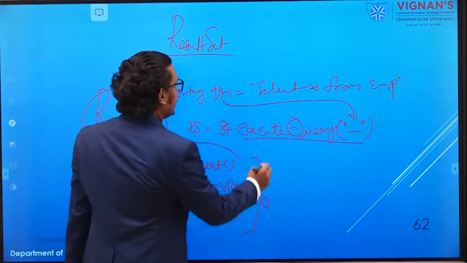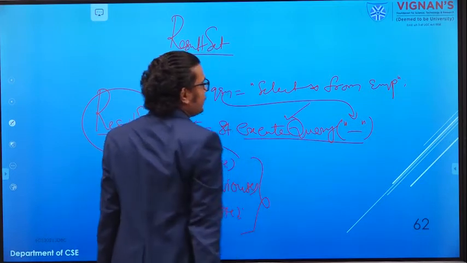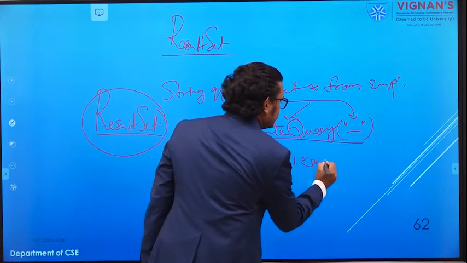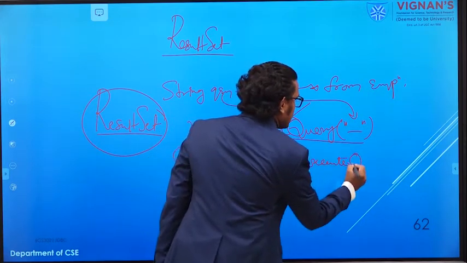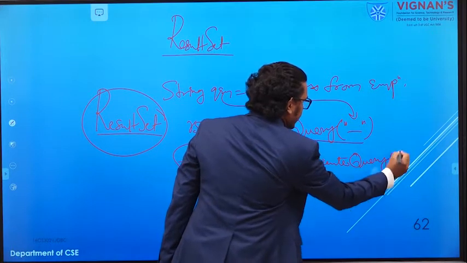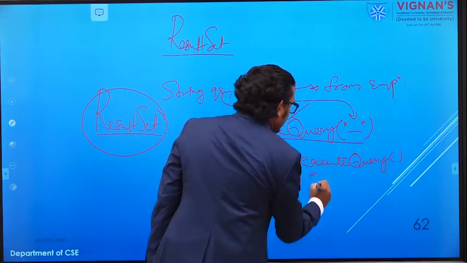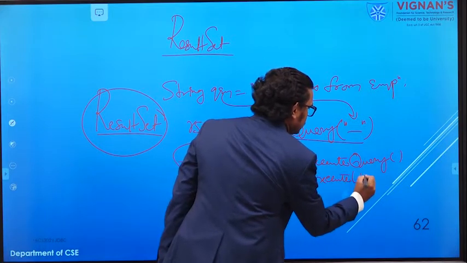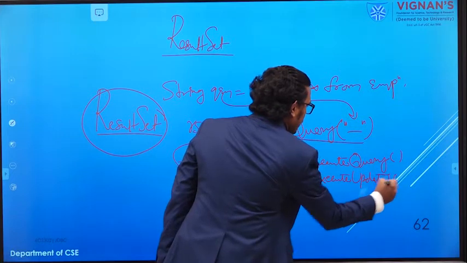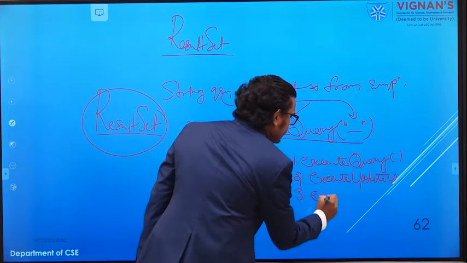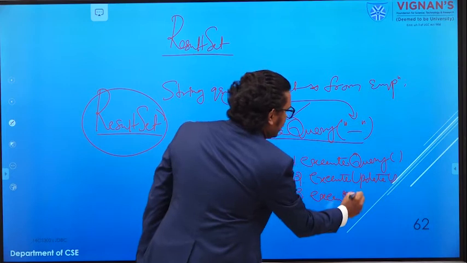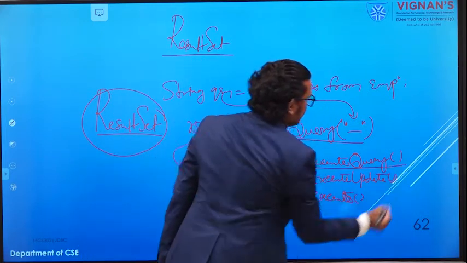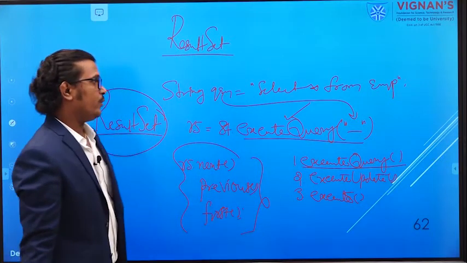And one more thing here, we have different types of execute methods. The first one is executeQuery, the second one is executeUpdate, and the third one is execute.